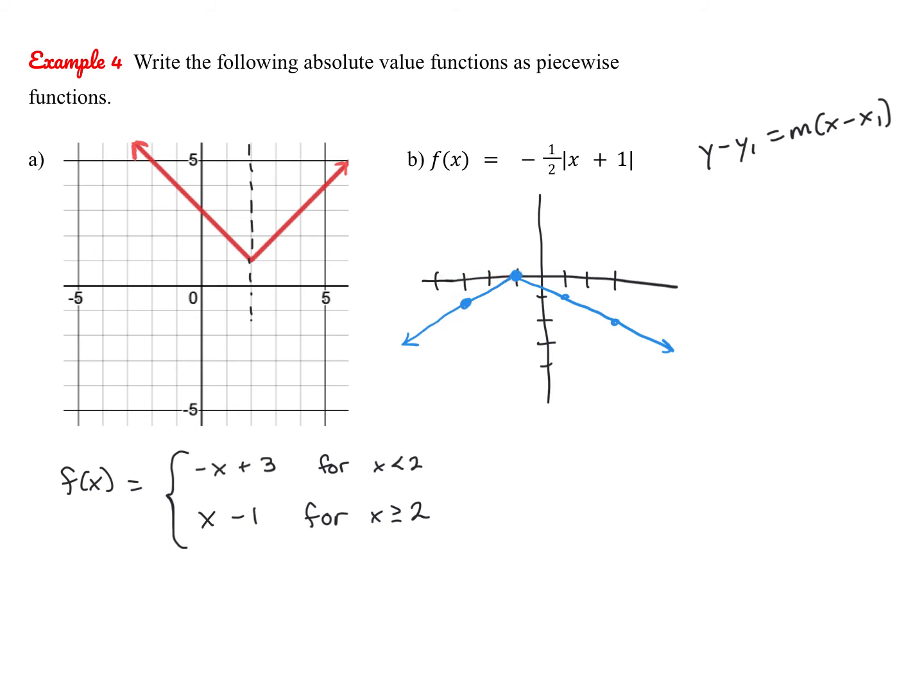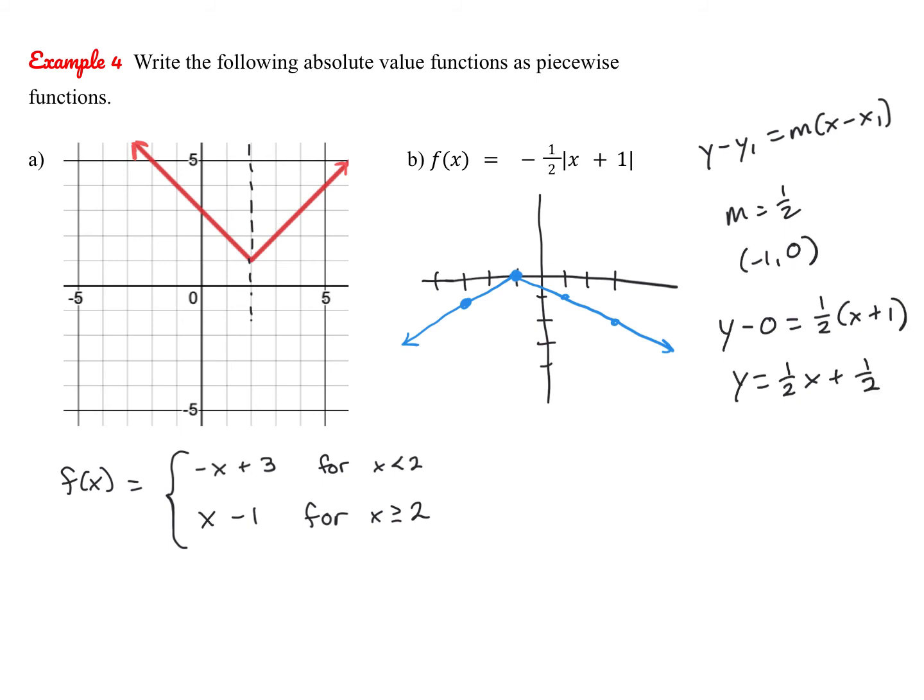Okay, so let's make that equation. So we know again that the slope is 1/2, and we can use either of these points. Let's use the point (-1, 0). So let's plug this into our function. So y minus y1 equals m times x minus x1. So we get y equals 1/2 x plus 1/2.